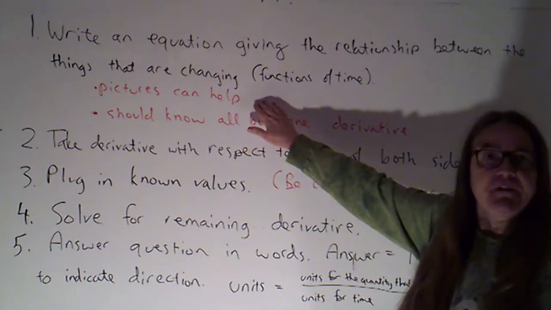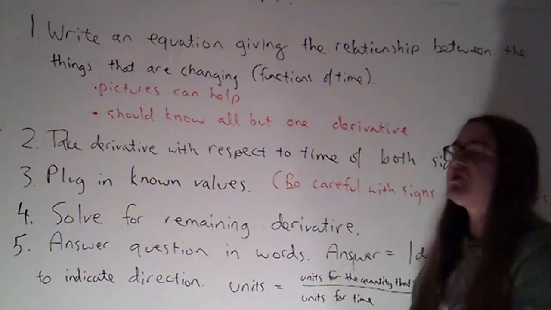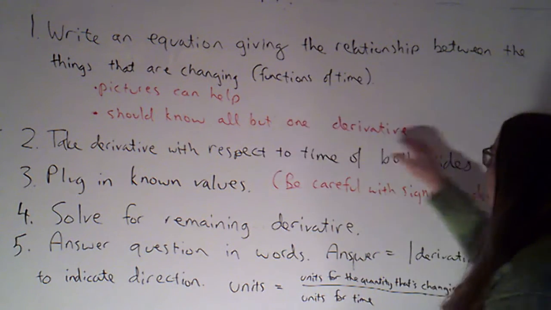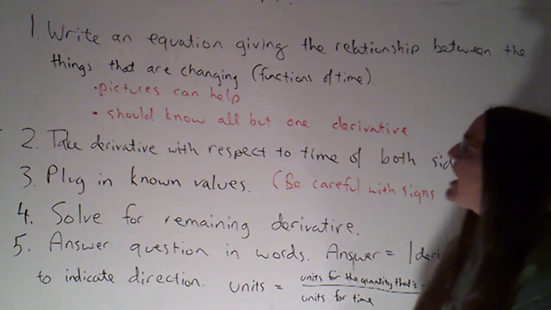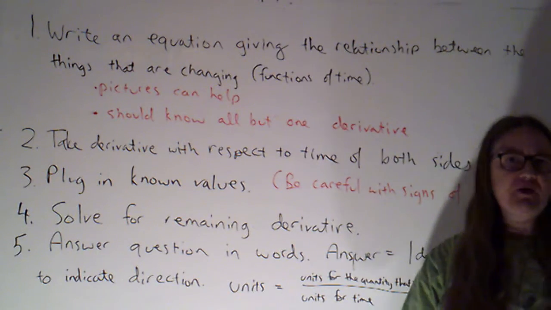And I've just got a couple of notes here. First of all, pictures very often help, so I'll often try to sketch the picture of the description that I have of the problem. And then this issue hasn't come up yet because it's just automatically worked out that way. But one thing to be aware of is that you should know all but one of the derivatives.